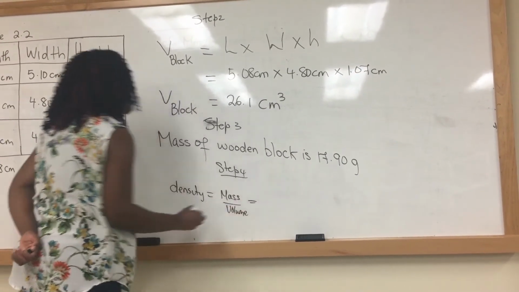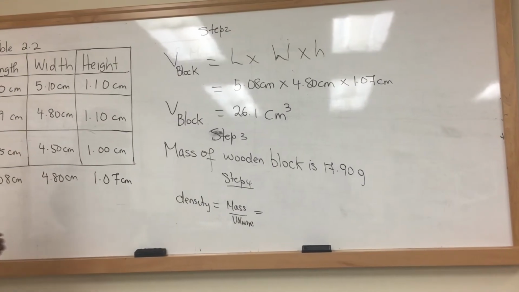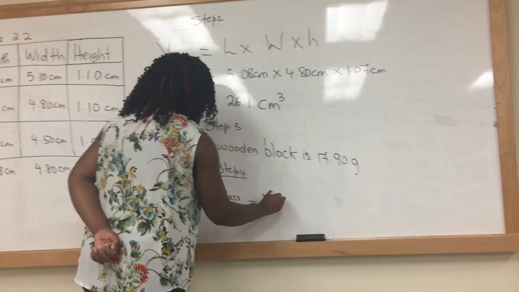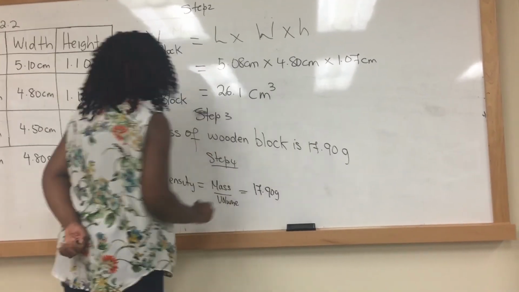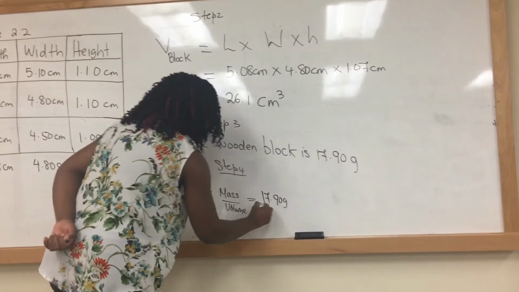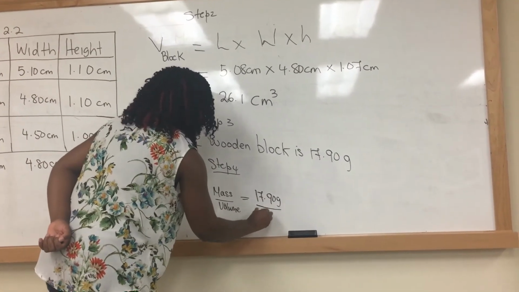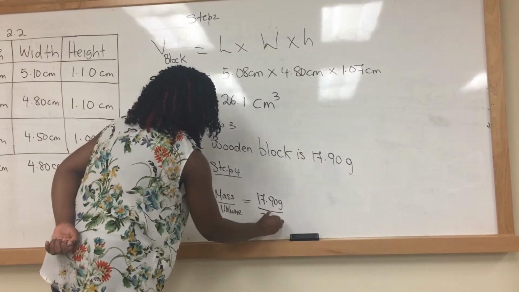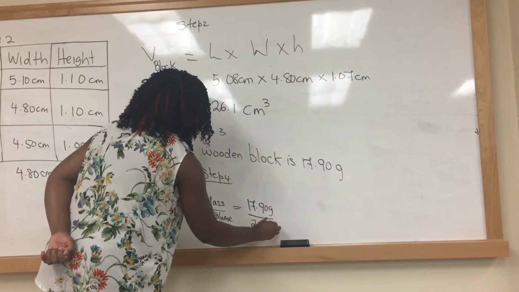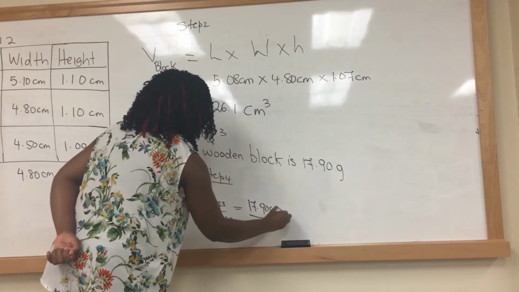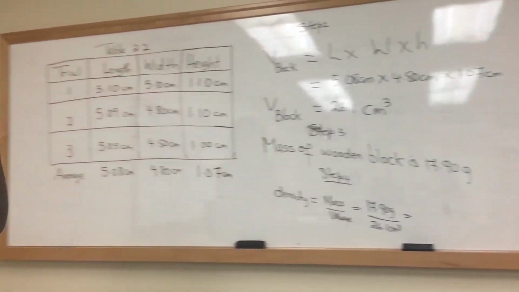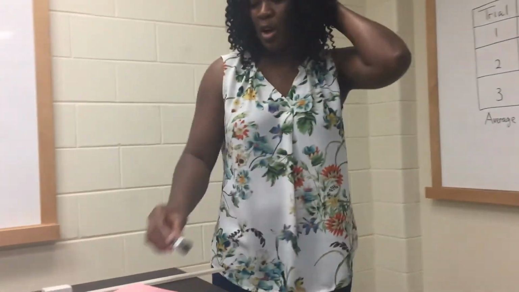And from our experiment, the mass of the wooden block was determined as 17.90 grams. And the volume was determined to be 26.1 cubic centimeter. So when we put those numbers in the calculator, density equals mass over volume.